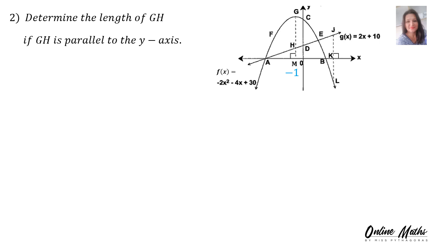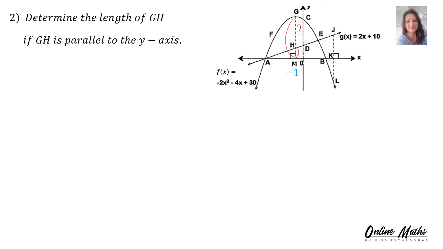Now we will find GH by substituting -1 into the parabola. Then we end with the length of GM. And when we substitute -1 into the straight line, we have HM's length. And then to find GH, we will subtract the two lengths.